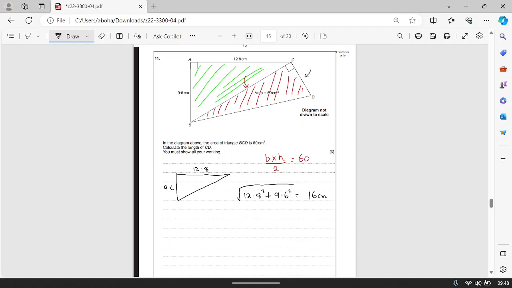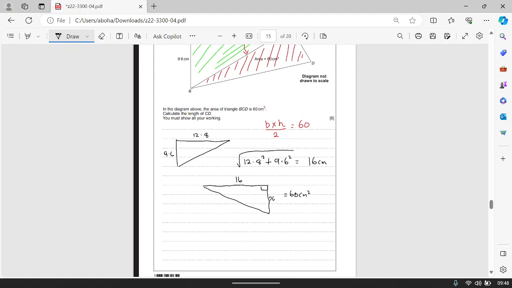Now what I'm going to do, the triangle in red there, I'm going to redraw that one. We now know that this length is 16. We know that the area is 60 centimeters squared. We've got to work out this here. So let's call it the base. Okay, it really doesn't matter which was the base or which was the height, because you multiply them together anyway. So what I'm going to do now is I'm simply going to go, well, base times height, so 16 times x, base times height, divided by 2 is equal to 60.